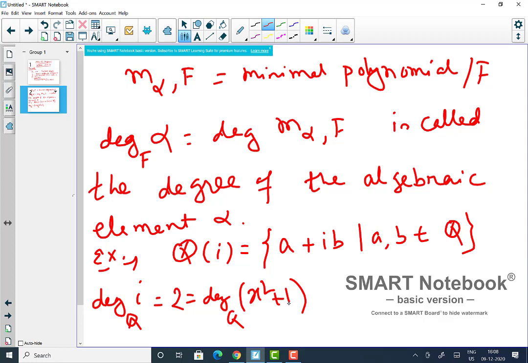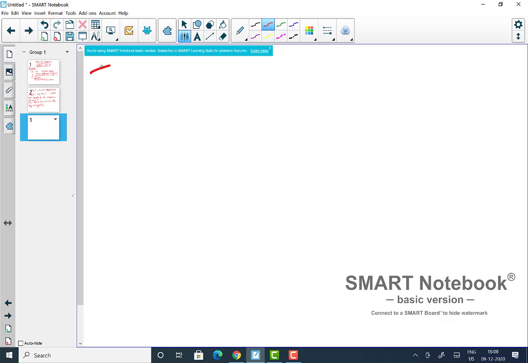Okay, so if you change the field, obviously your minimal polynomial may change, and then the degree may change also. So what is straightforward? You can say one theorem from here, whatever we discussed so far.